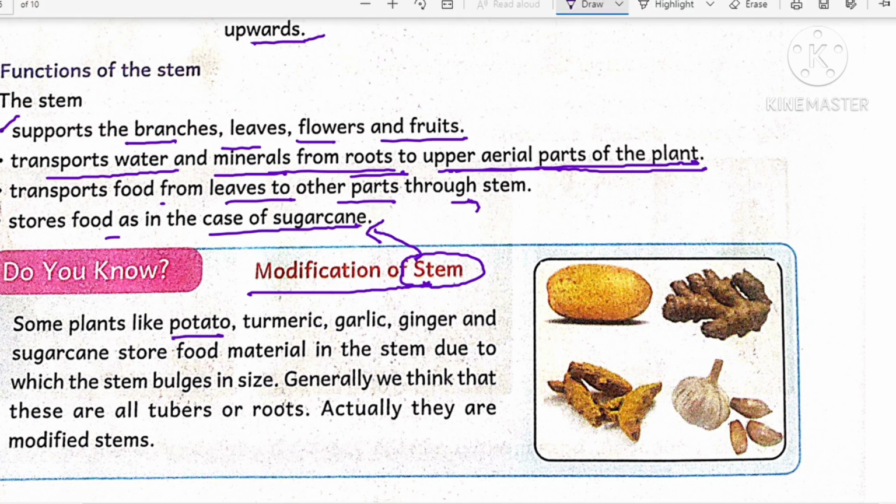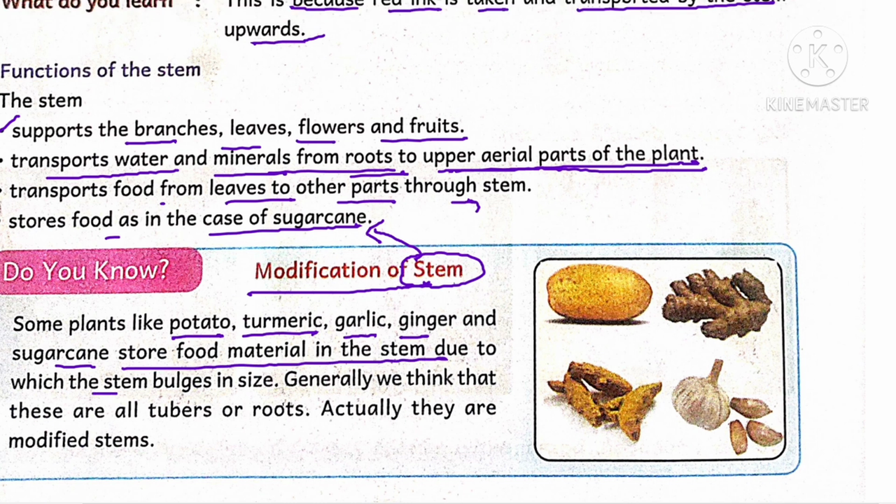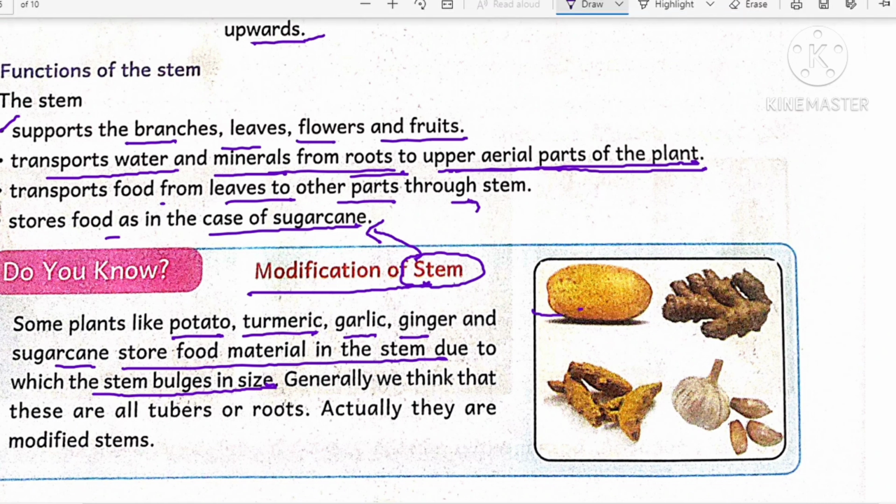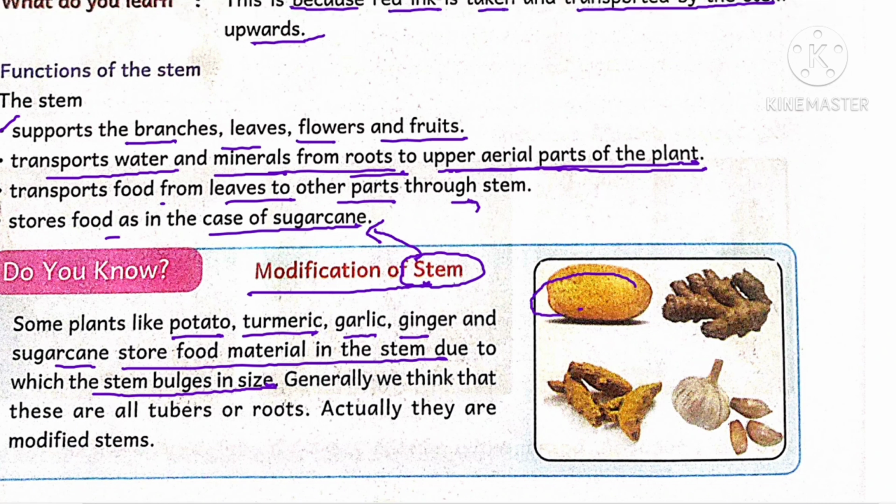Some plants like potato, turmeric, garlic, ginger and sugarcane can store food material in the stem, due to which the stem bulges in size. Because the food is stored in the stem, the size of the stem increases. That's why these are very thick.